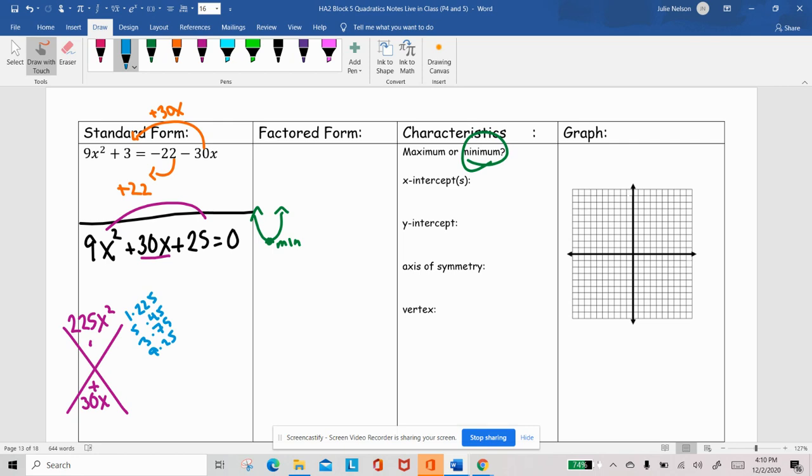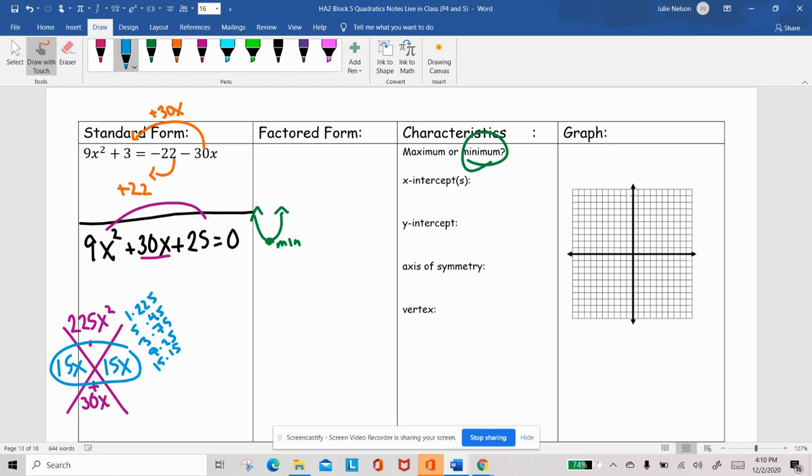Okay, 10 doesn't work. 11 doesn't work. 12 doesn't work. 15. What about 15 times 15? Which one of these choices, hopefully I didn't skip any, would multiply to 225 and add to 30? That happens to be 15x and 15x.